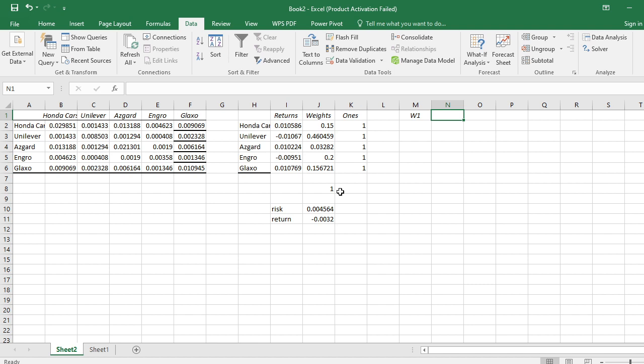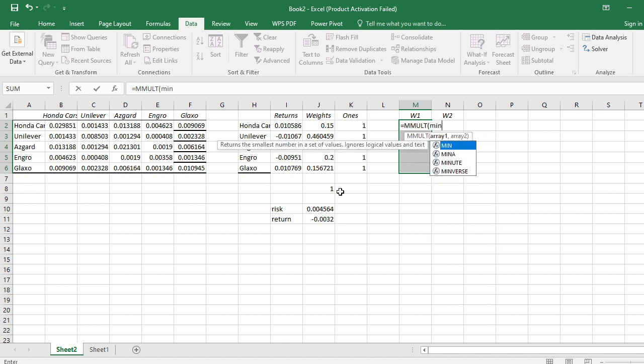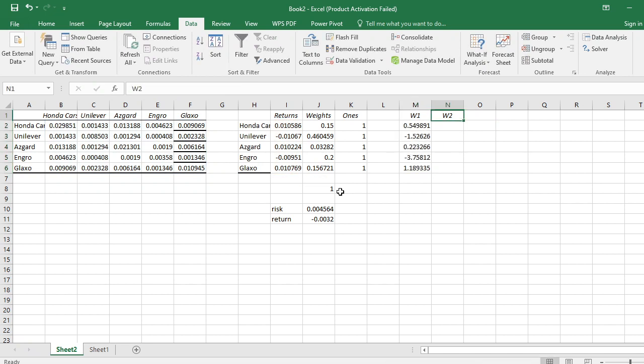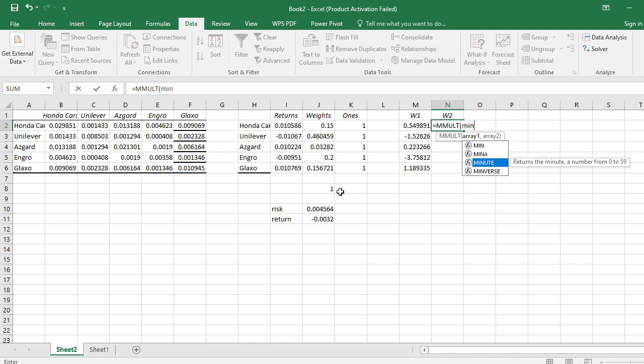W1, W2. First multiply with R, then M inverse.